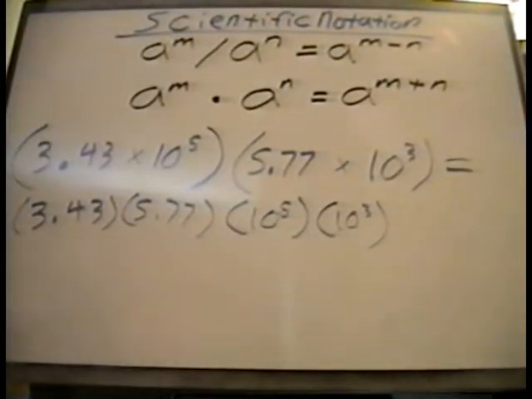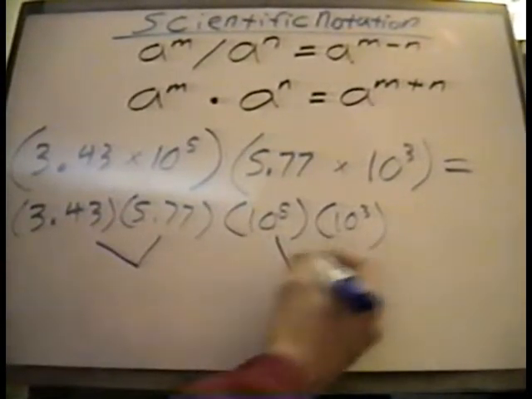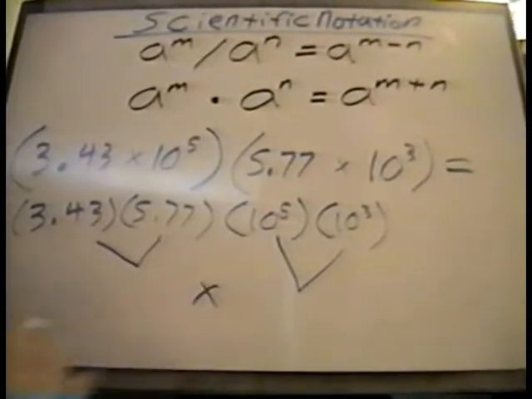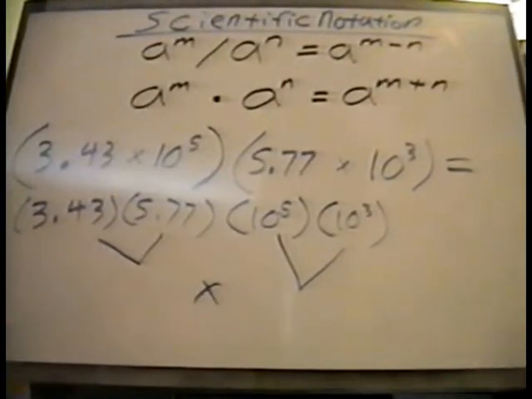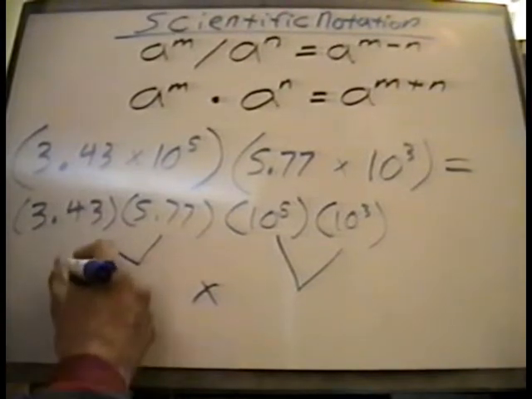And then you multiply those results and you put your answer there. So 3.43 times 5.77 gives you 19.79. Okay?